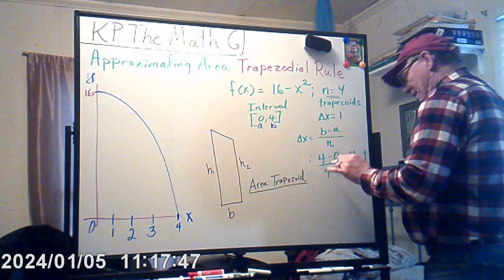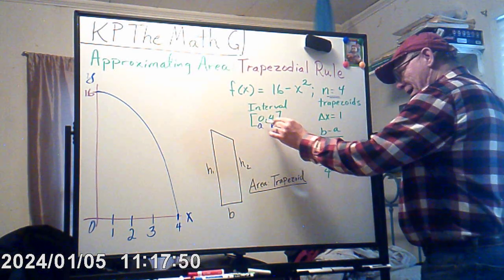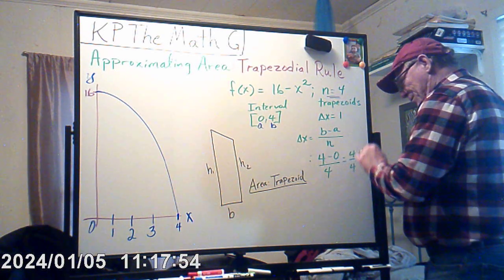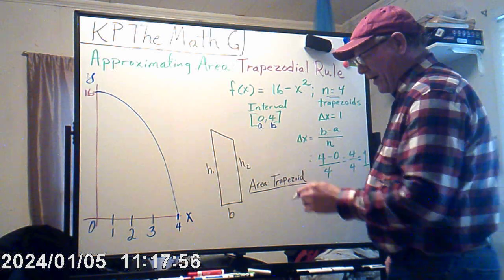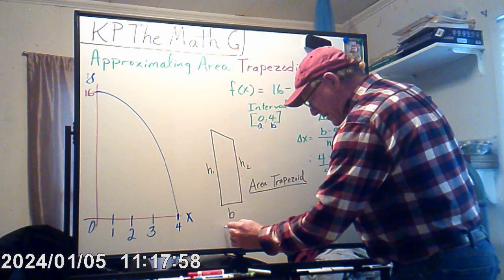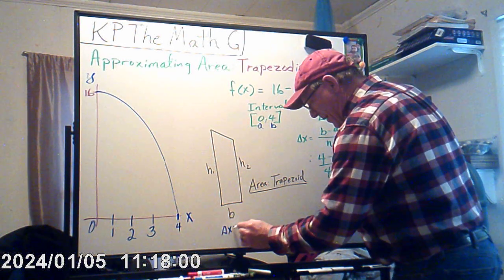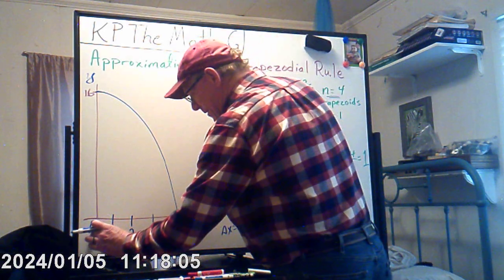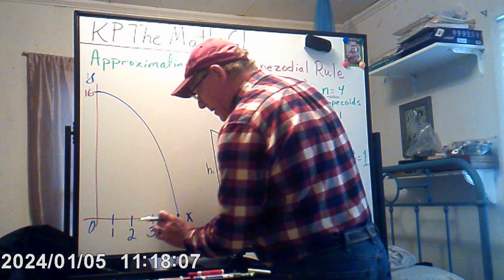So 4 minus 0 divided by 4, 4 over 4 is 1. That's how wide this is. So this is delta x, which is 1. We know that's 1 unit here, here, here, and here.